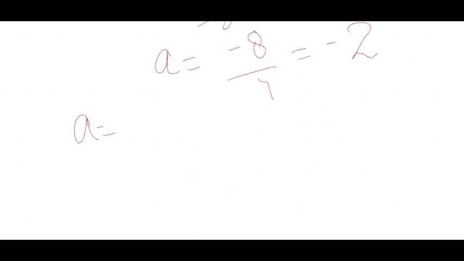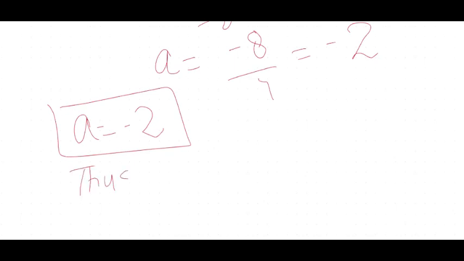Okay, now we have to substitute the value in the function. We have f of x equals minus 2 times (x plus 1) whole squared plus 4.